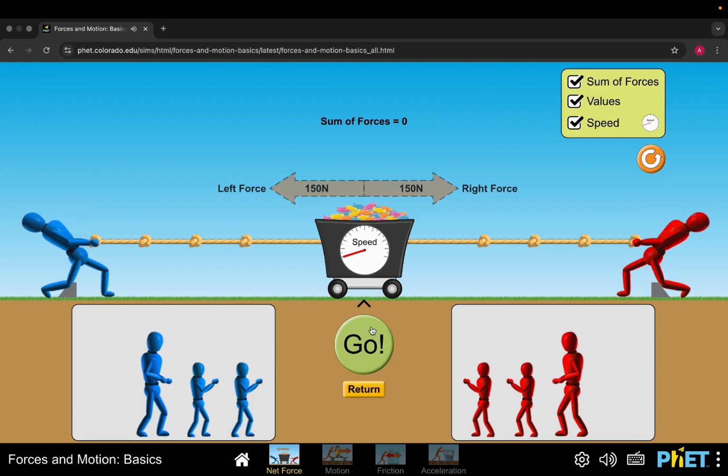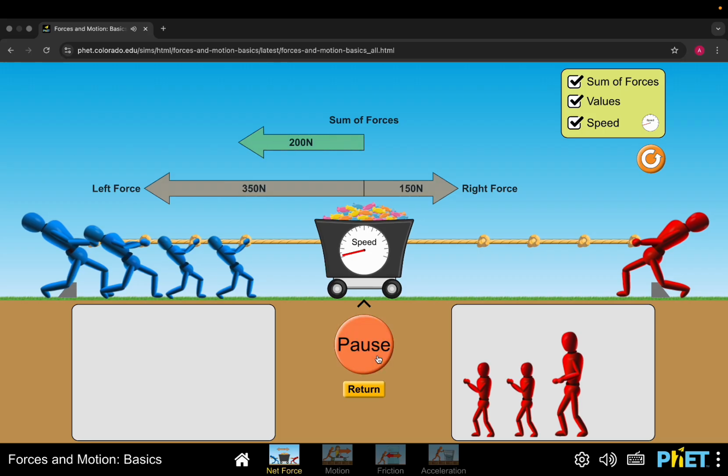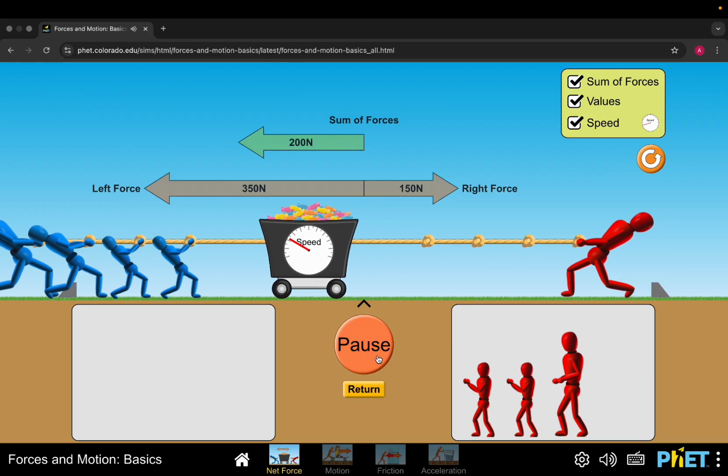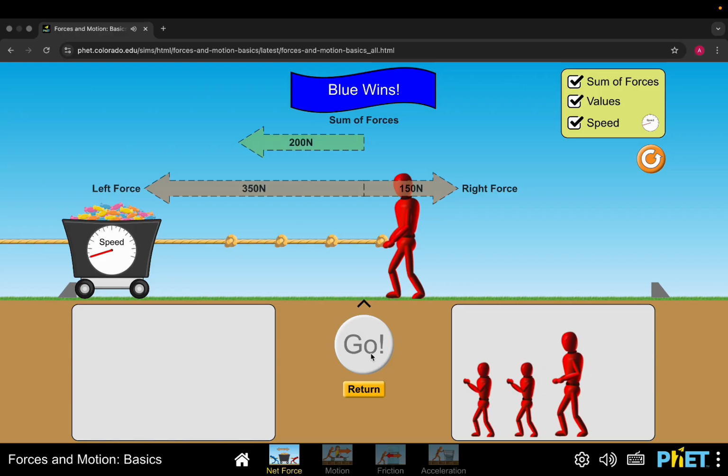It is also connected to Newton's second law because a bigger net force causes a bigger acceleration. So let's add these four guys. You can see that there's 200 newtons pulling to the left. That's what happens with the net force activity.